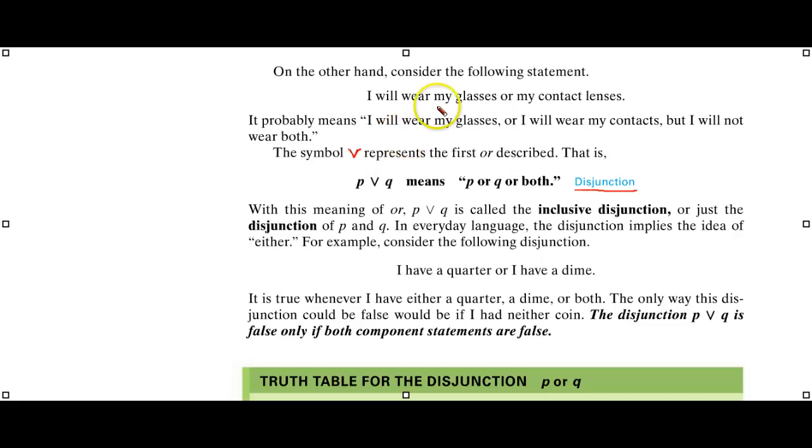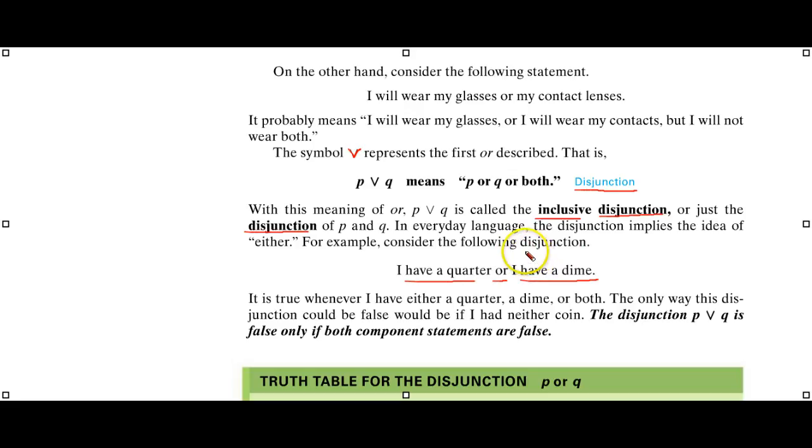But notice, as we continue, what is called the inclusive disjunction, or just the disjunction, in everyday language often means just one of these items would be true. So look at the statement, I have a quarter, or I have a dime.